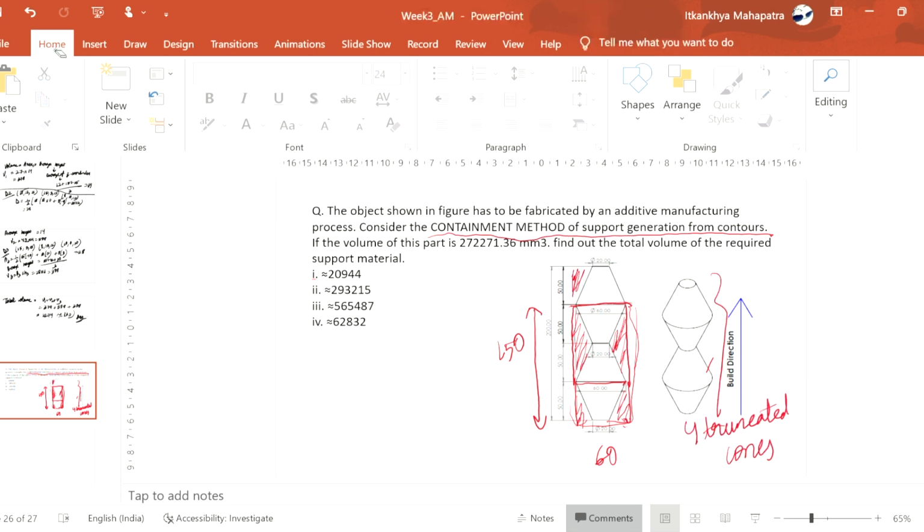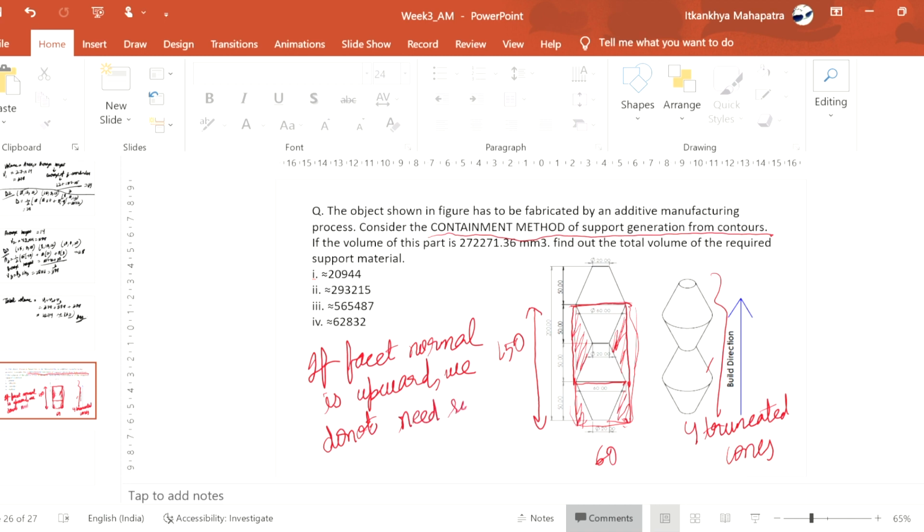This is because there is a rule that if facet normal is upward, we do not need support. So in this case we are not taking the support. Now first we will calculate the volume of the truncated cones.